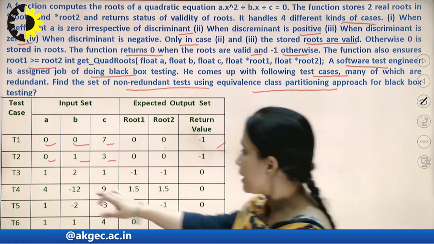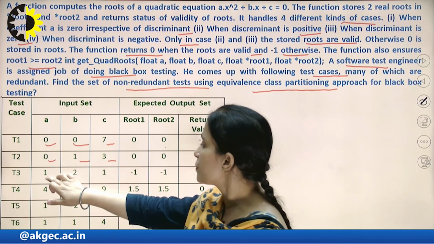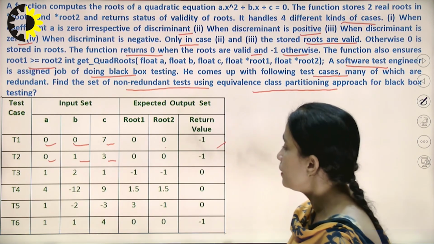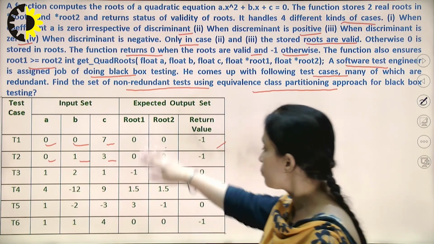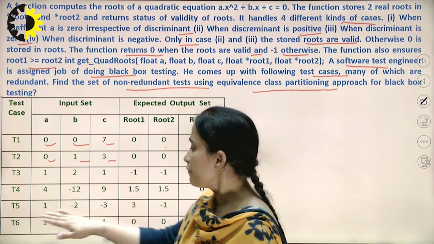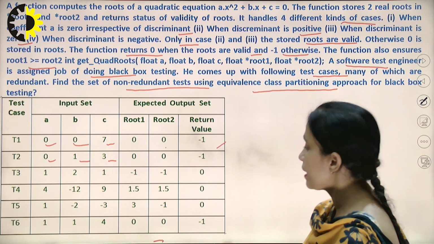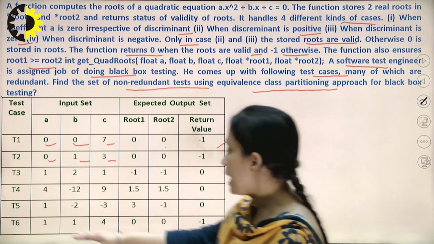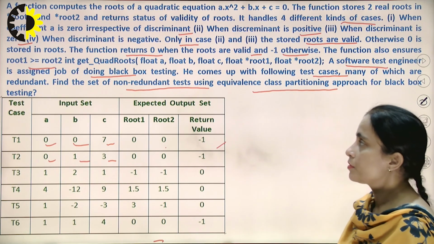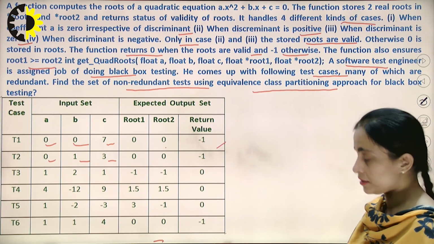In test case 3, the values taken are 1, 2 and 1. In T4, the values taken are 1 and a negative, and the roots are floating, defined as float. In the fifth case, 2 numbers are negative, and in the last case they are taken as 1, 1, 4. These are the non-redundant test cases.